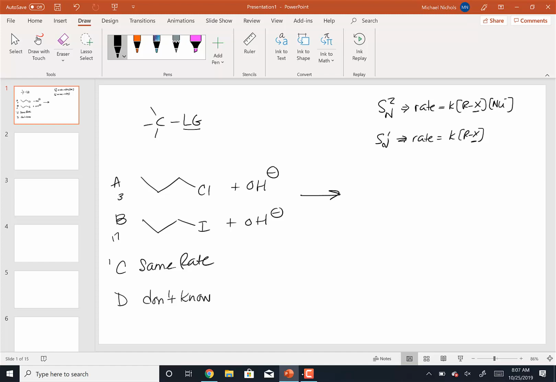As an example, after next week in lab, we're going to do the SN2 reaction where we have to reflux something for 45 minutes, which means we heat it and boil it for 45 minutes. That's an SN2 reaction.